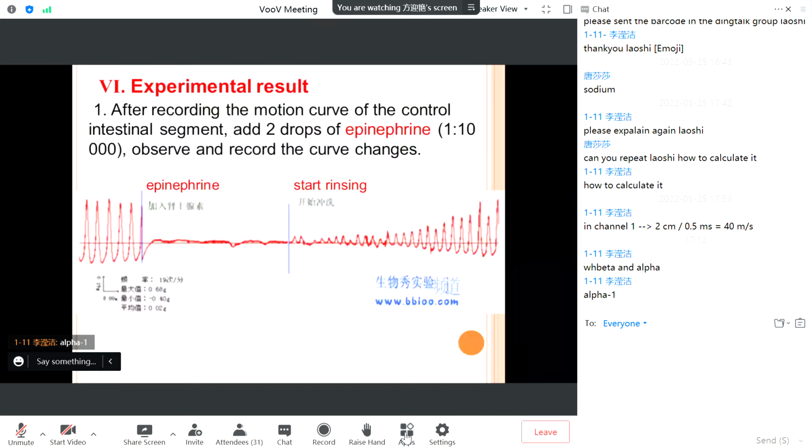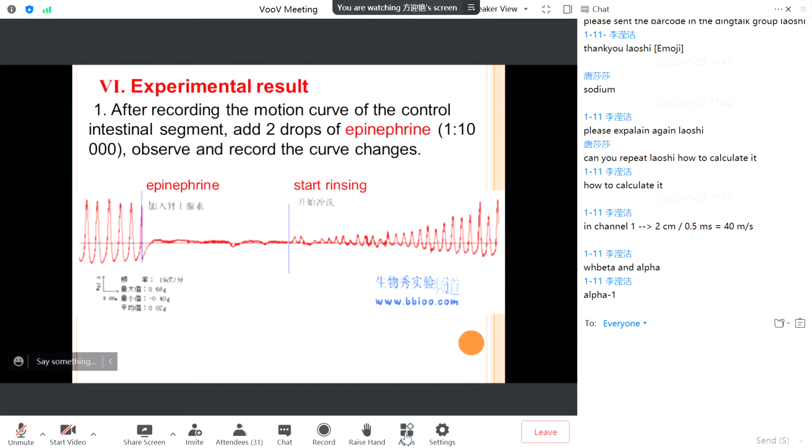Alpha 1. No. Alpha 1 is normally on the blood vessel smooth muscle, and here there is also the alpha 1 receptor, but also the beta 2 receptor.